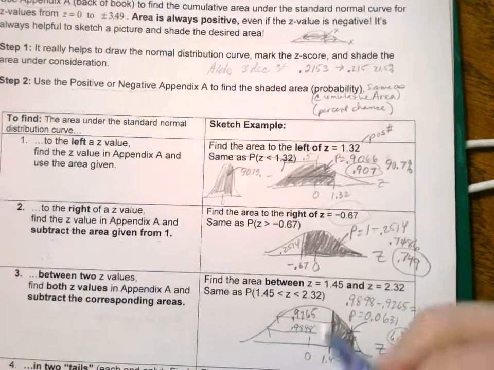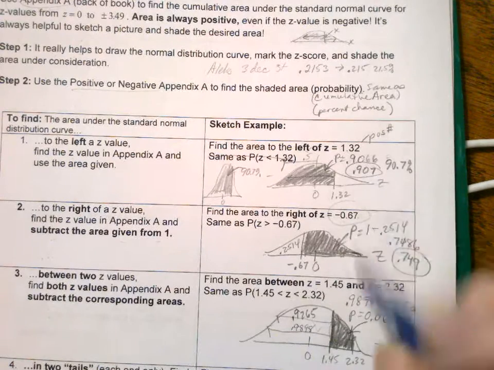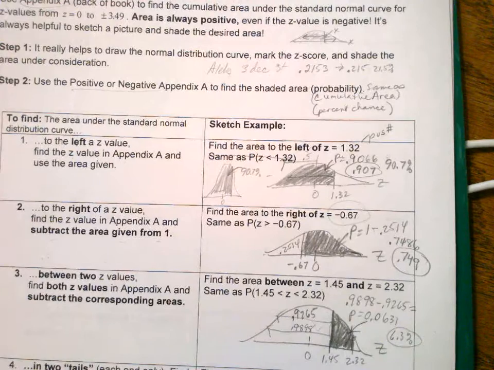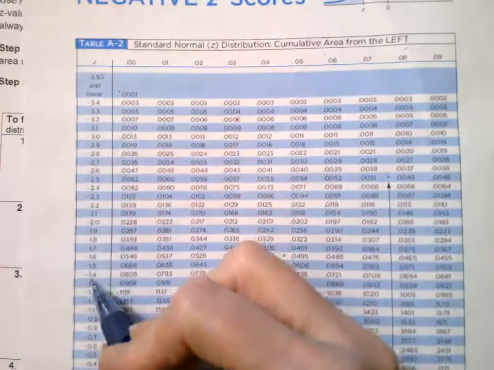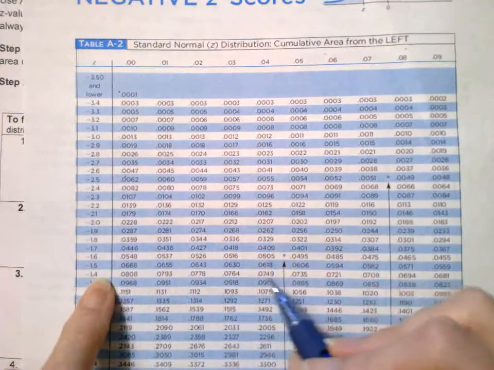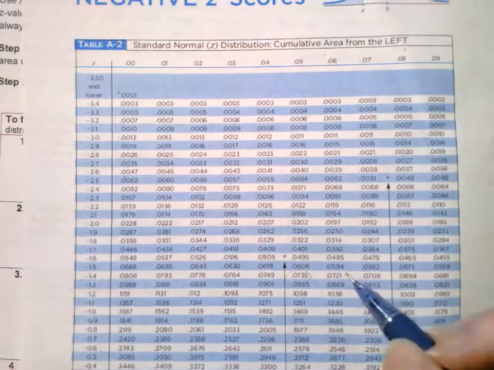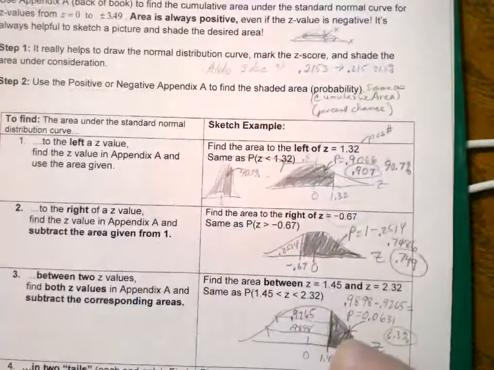So let's see, -1.45. I need this way. That is a negative, so I'm going to get the negative score out. 1.45 is 0.0735.